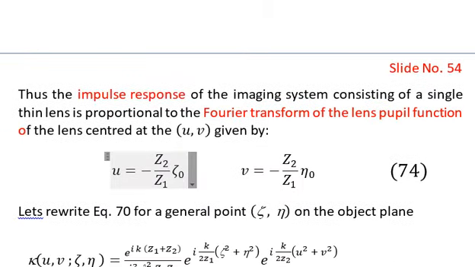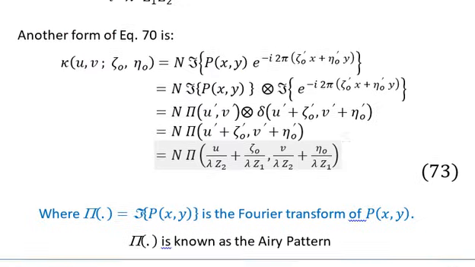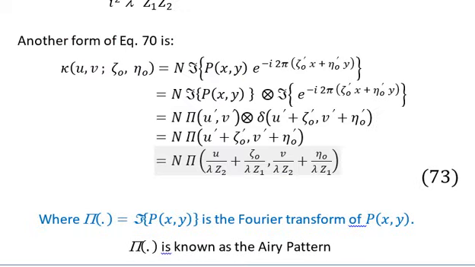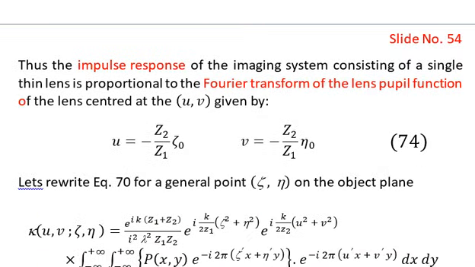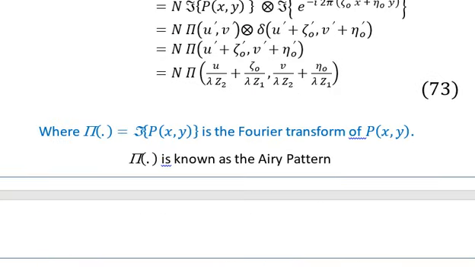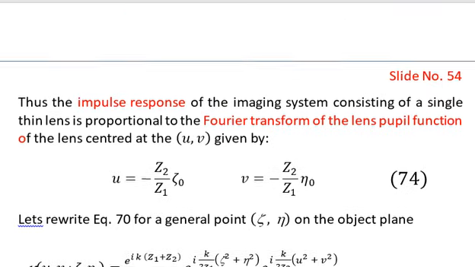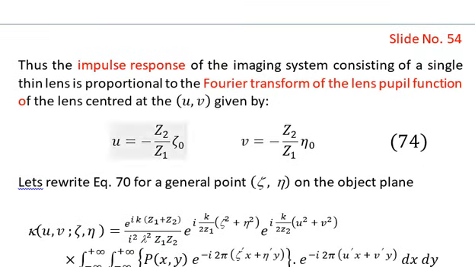In equation number 4 you can find those coordinates: u is equal to minus z2 over z1 into zeta, and v is equal to minus z2 over z1 into eta, by setting the arguments of the pi function equal to 0. So you can find that this function, capital pi, is resting on the uv plane at the output plane at these coordinates, as given in equation number 74.